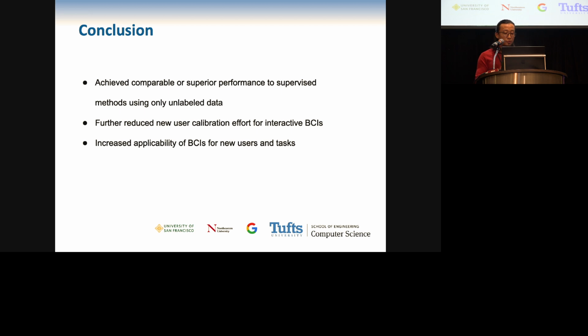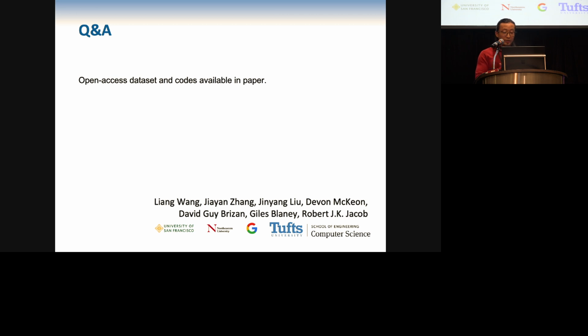Moreover, with training only one linear classifier for each new user, we significantly reduce the calibration effort. This shows the potential of deploying personalized fNIRS-based BCIs for everyday interactive scenarios. We open access to our dataset, our code, and methodology. You can find them in our paper.